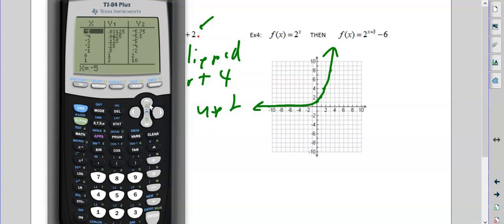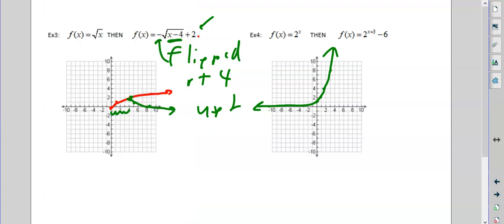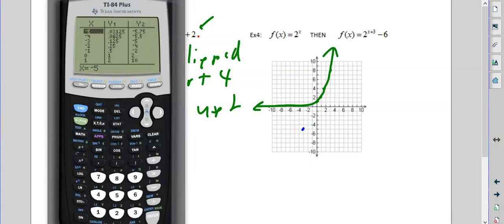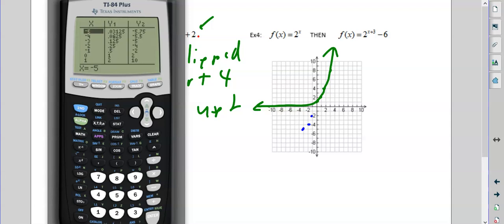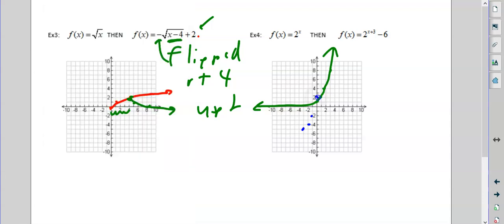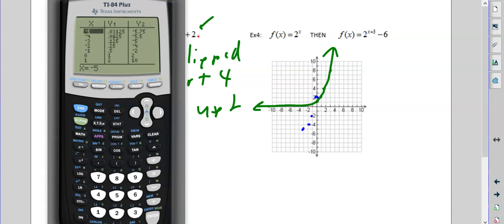So -3, -5. So down left 3, down 5, right here. -2, -4. -1, -2. 0, 2. 1, 10.